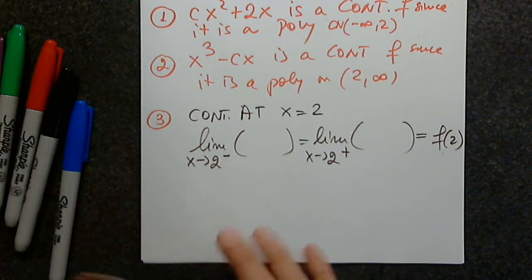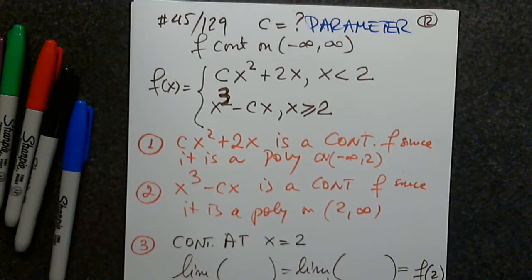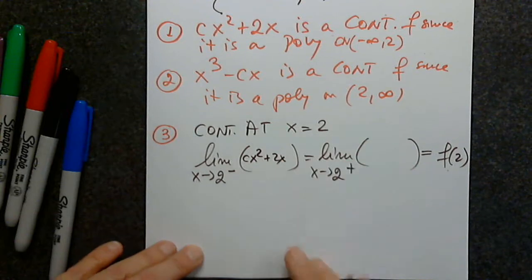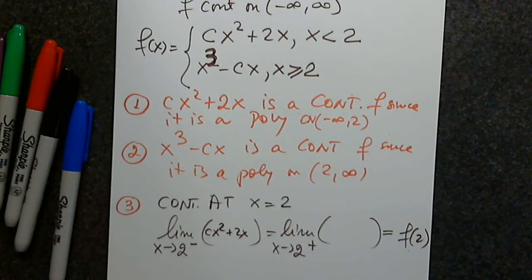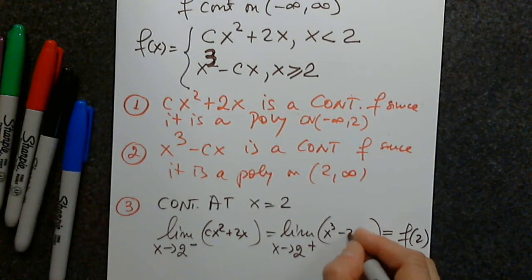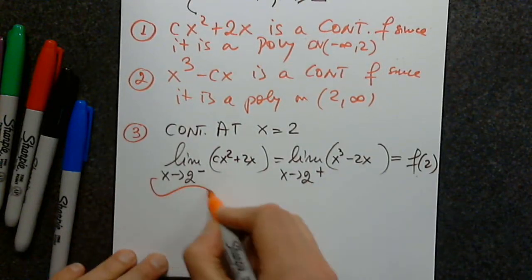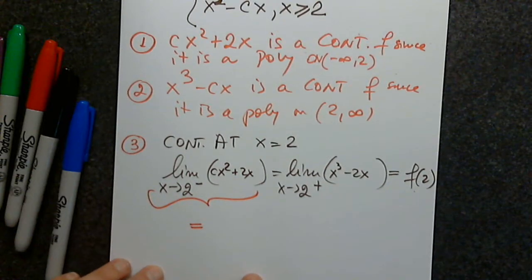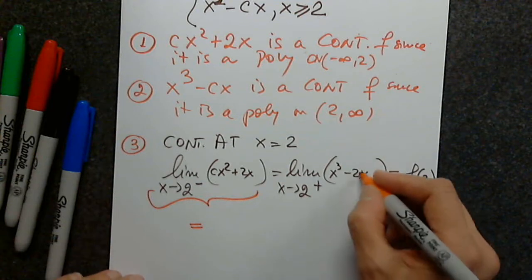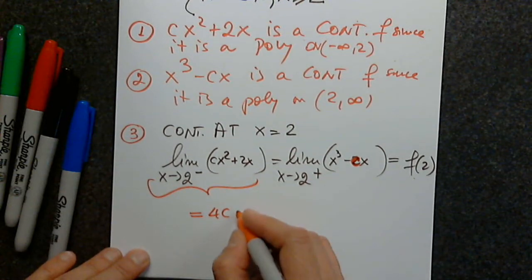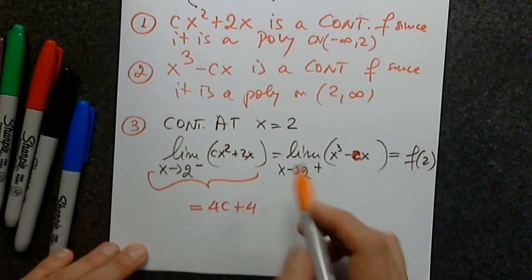So what is the first piece? cx squared plus 2x. Awesome. What is the second piece? x cubed minus c. Awesome. So now, please tell me how much is this limit? It should be minus c, sorry. 4c. 4c, awesome. Plus 4. So this is this limit. Perfect.